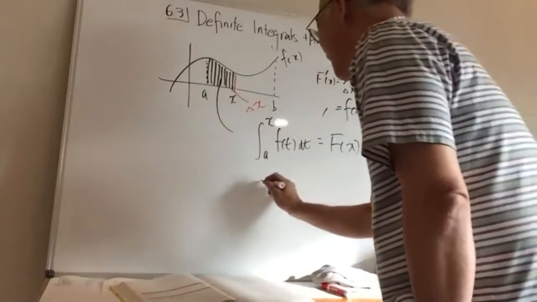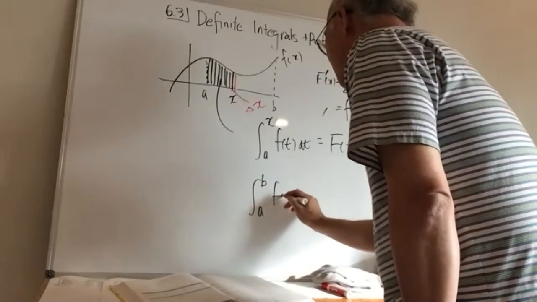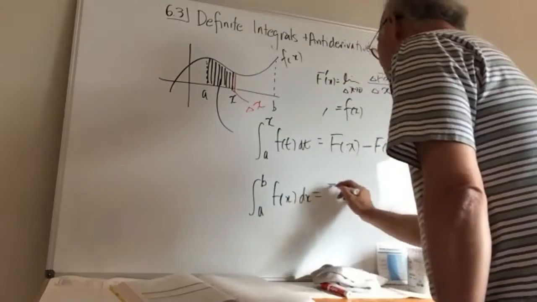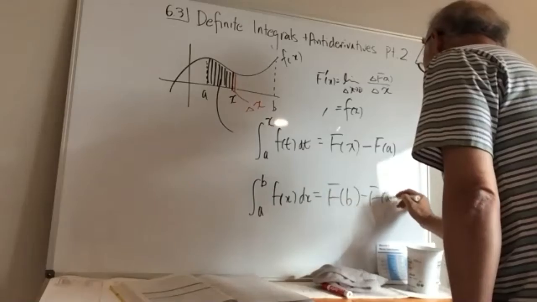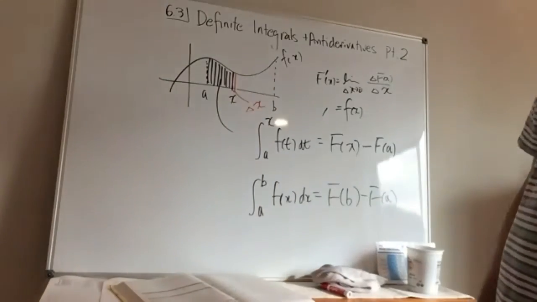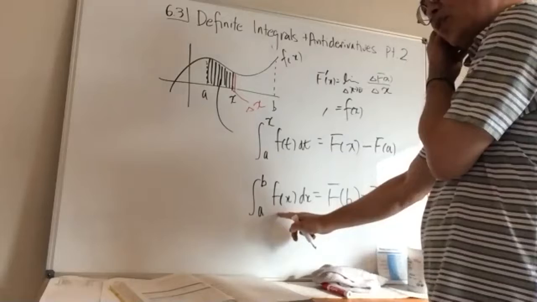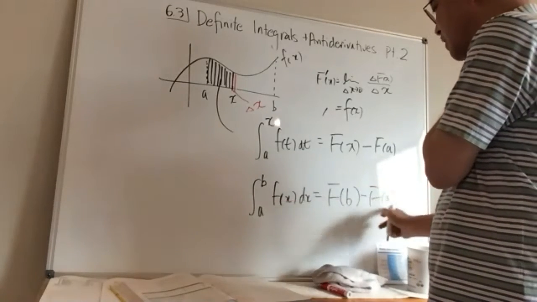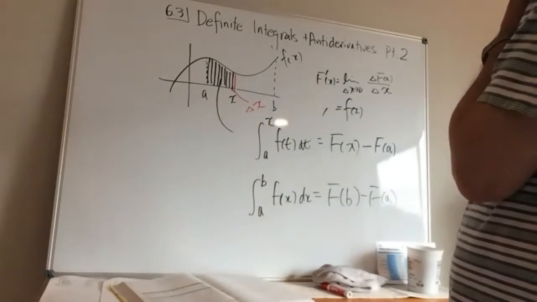We found that the integral from a to b of f of x dx equals F of b minus F of a. So if I know what the antiderivative of this function is, I can go ahead and find out what this is.